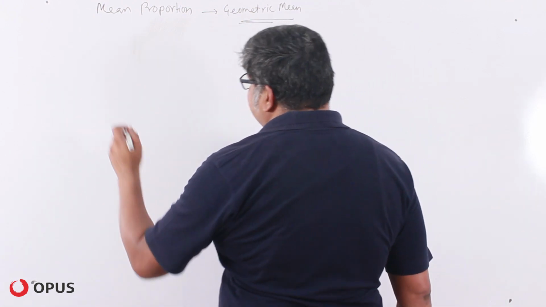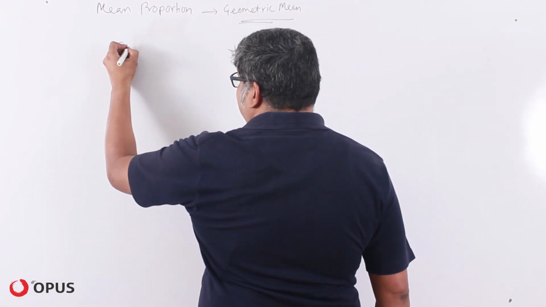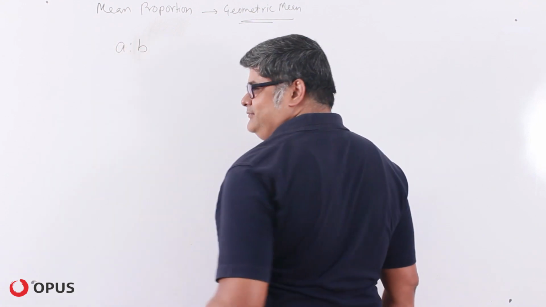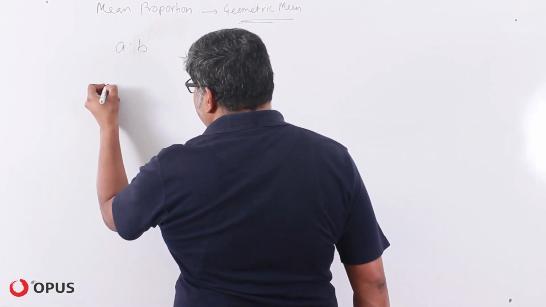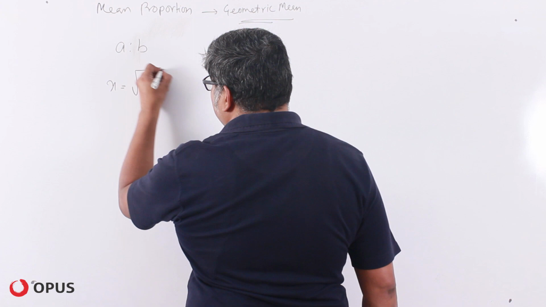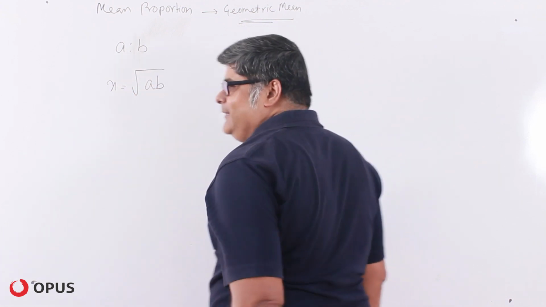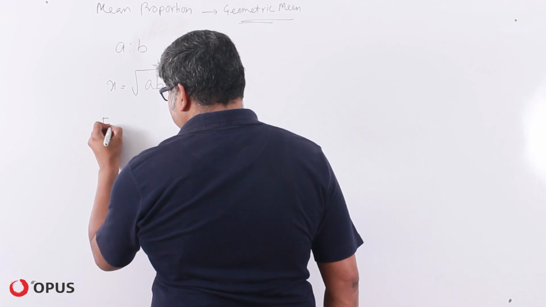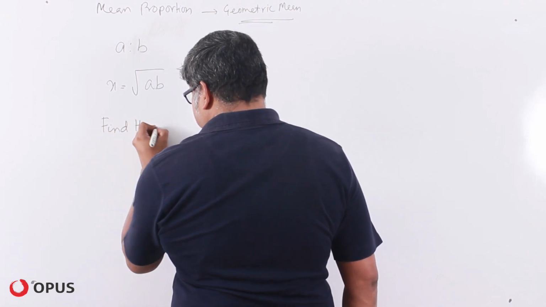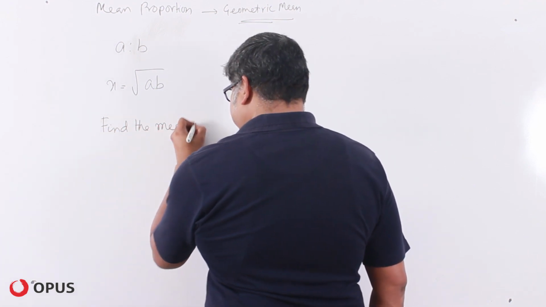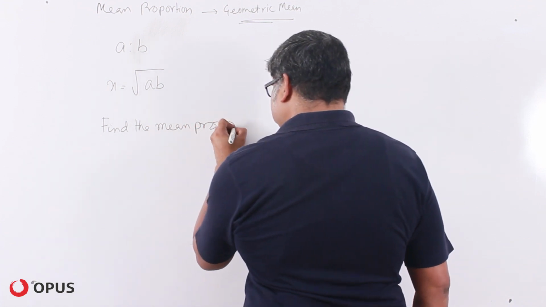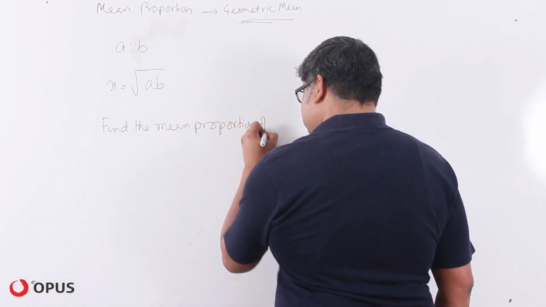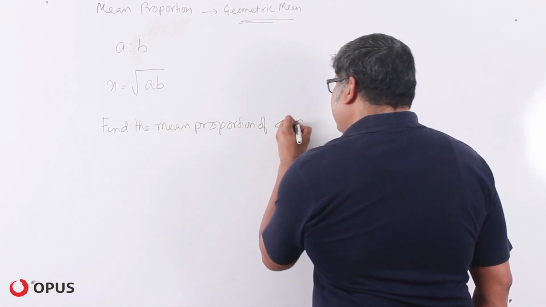Now, mean proportion is nothing but, say if you have a ratio A is to B, the mean proportion x would be nothing but root over AB. For example, if I say find the mean proportion of 4 is to 9.